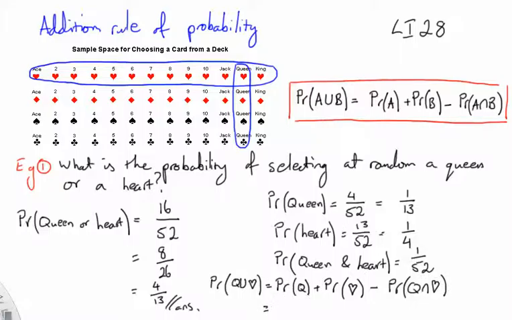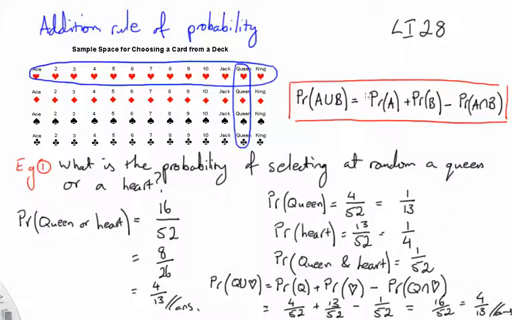The probability of drawing a queen is 4 on 52, and I've left it unsimplified just to make the maths a bit easier. The probability of drawing a heart is 13 on 52 minus 1 on 52 for the probability of drawing a queen and a heart, or the queen of hearts. So that becomes 17 on 52 minus 1 on 52, 16 on 52, which simplifies to 4 on 13. Okay, so we got the same answer.